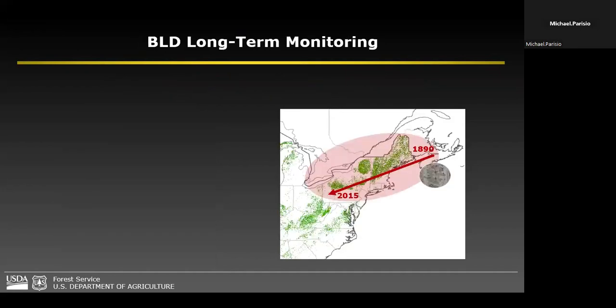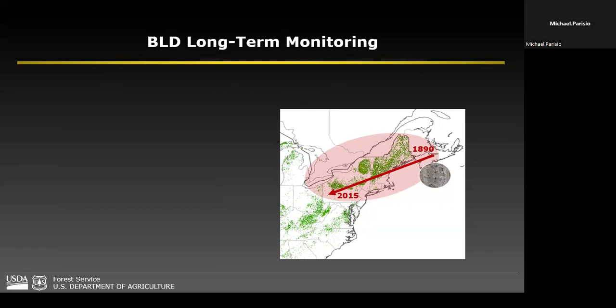But one thing I do like to talk about is we can't study beech leaf disease in a vacuum, right? We know we have this legacy of beech bark disease. There are multiple things that are affecting the health of our trees. And we do try to quantify some of the metrics of beech bark disease within our monitoring plot stands. So we have this legacy of beech bark disease in New England for over 100 years now.